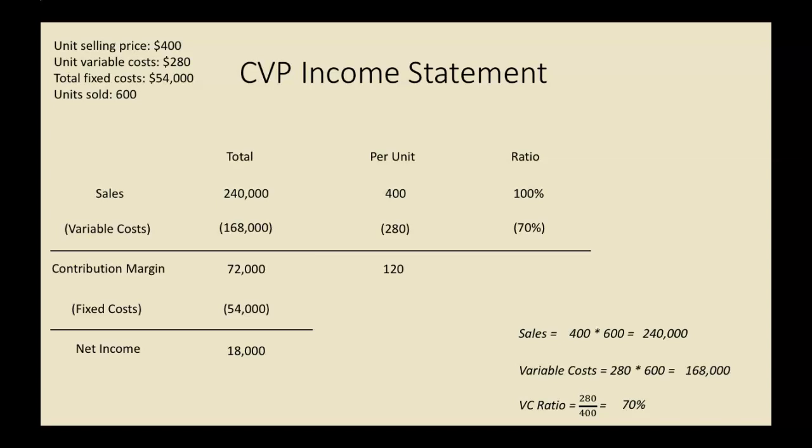Or we can remember the relationship between sales, variable costs, and contribution margin. Right? Sales minus variable equals contribution margin. So we could take the 100% minus the 70% to find our contribution margin ratio of 30%. So we could just subtract like that, or remember, you could also just take 120 divided by 400. Either way, you'll end up with this 30% as your contribution margin ratio.